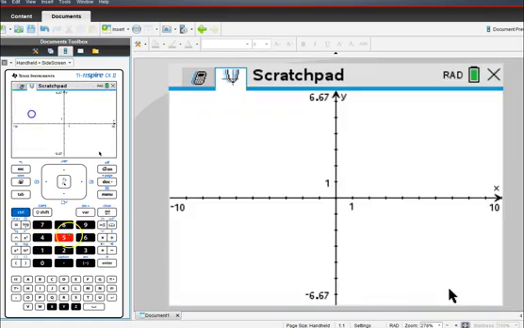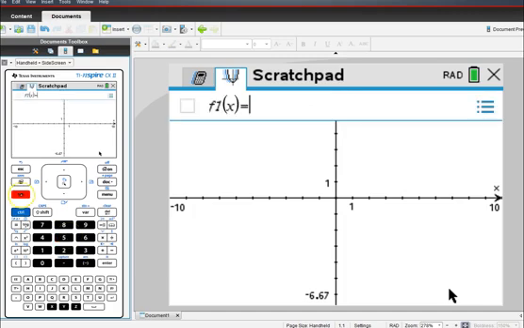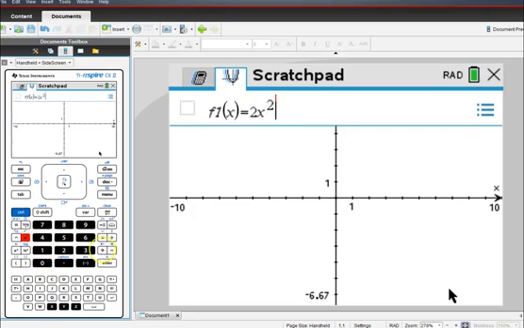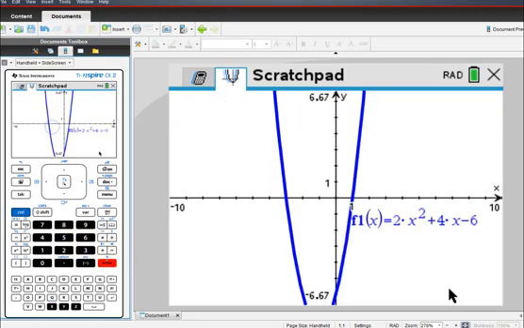4 and then make it standard so I can see my origin. I'm going to hit tab and I'm going to type in 2x squared plus 4x, and then minus 6. Everything on the other side of the equal sign will be flipped. And then I need the solutions. I need this point and this point.